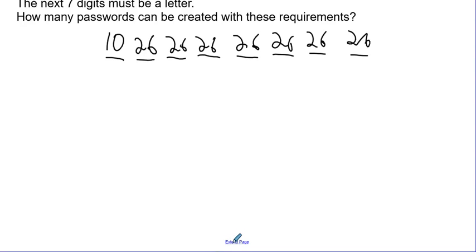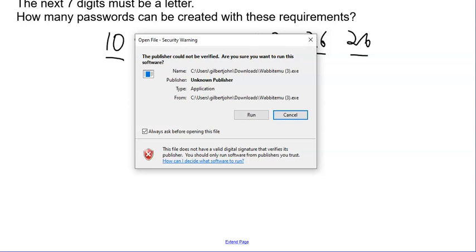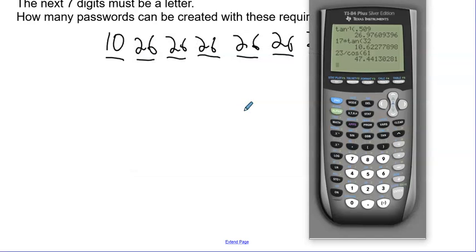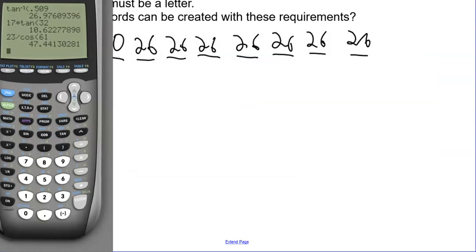Now, a quick way to do this, think about it. You have your calculator out, is just to do 26 to the 7th power, because it's 26 times 26 7 times. And then just tack on a 0 times 10.